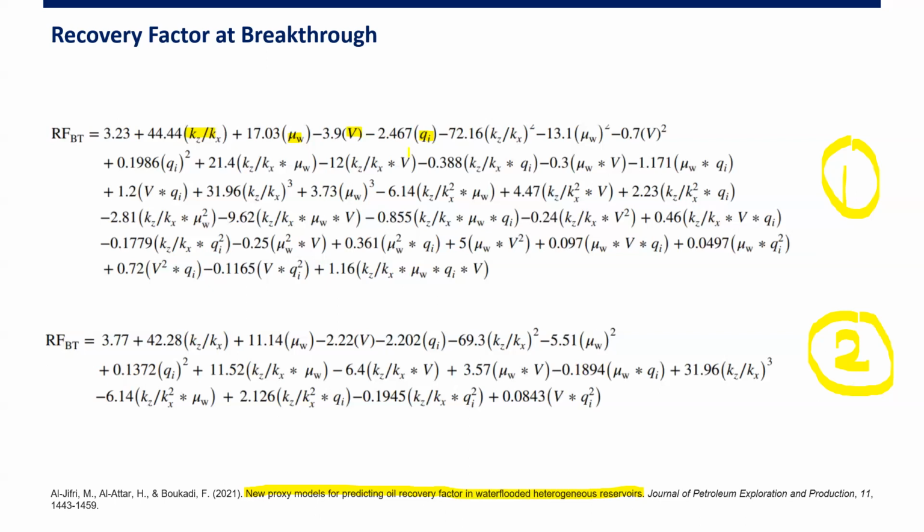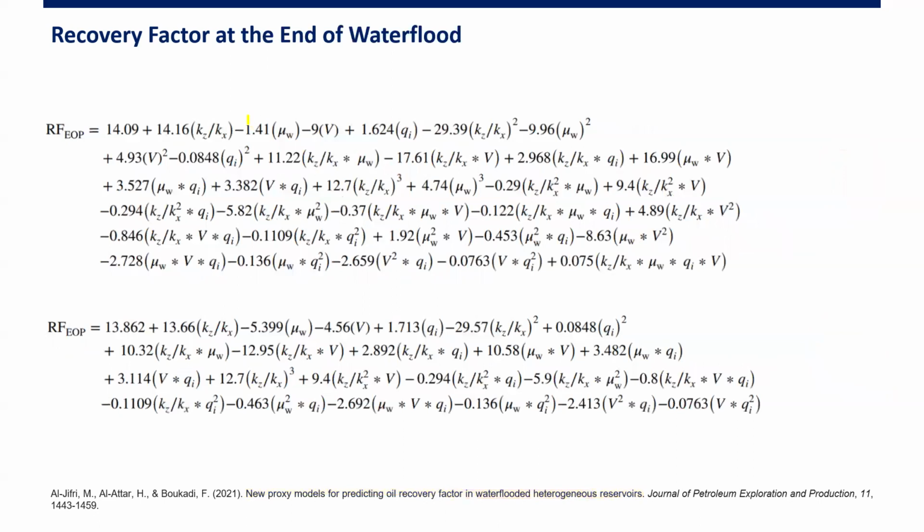And then, of course, the most important thing is the recovery factor at the end of waterflood. Again, we have new correlations in expanded form and reduced or simple form. Again, they use a generic reservoir model and perform hundreds of reservoir simulations by varying 4 key parameters.